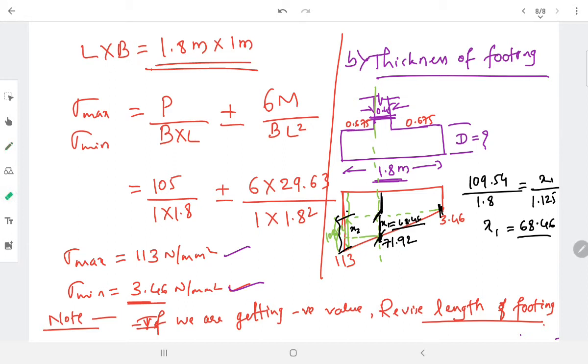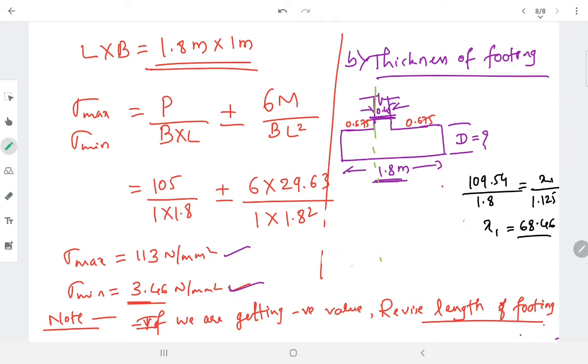So I'll just redraw this again just to avoid this clumsiness. This is 3.46. This is 113. Okay, this is that section line.